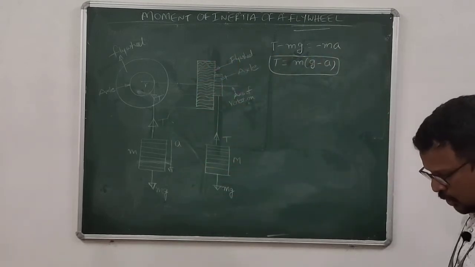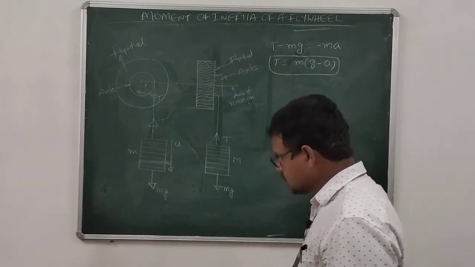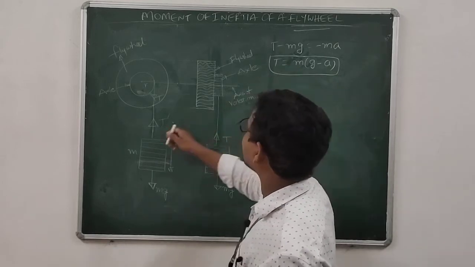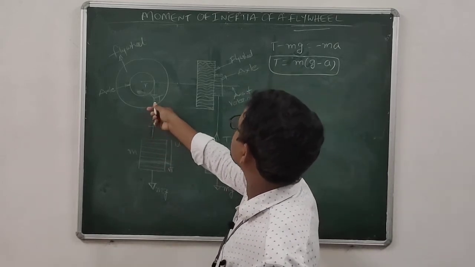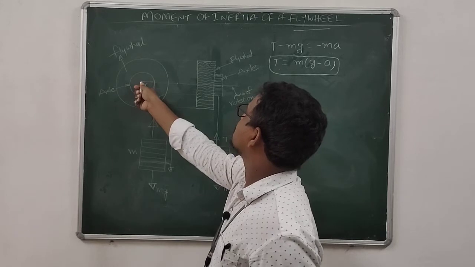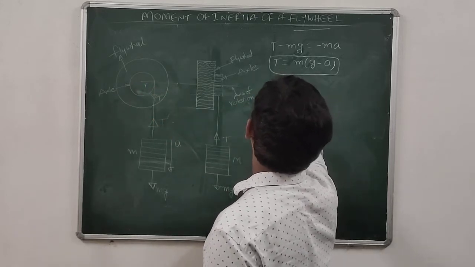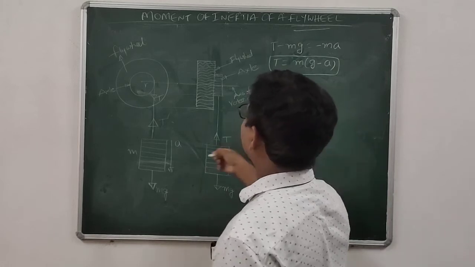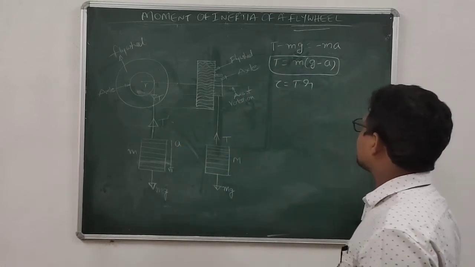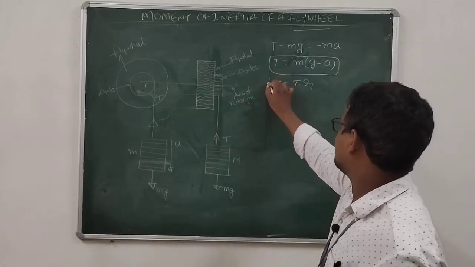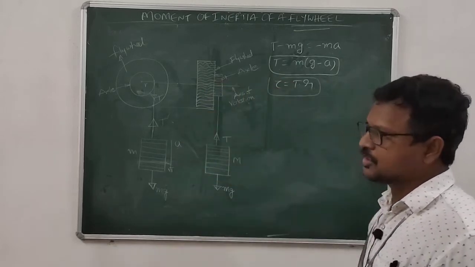The tension T acting on the string produces a torque, tau equal to T into small r, where r is the radius of the axle. From the experiment we calculate the torque using this formula.